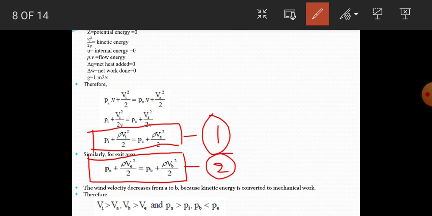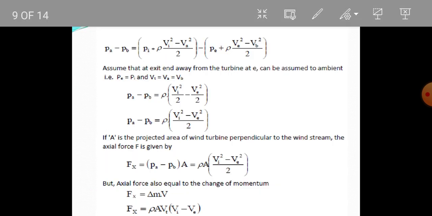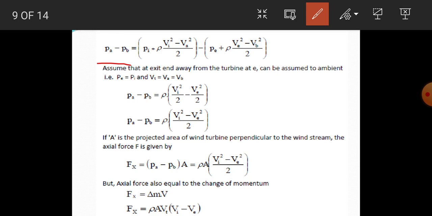So subtracting equation number 1 from number 2, and making PA minus PB the subject, what we will get is PA minus PB is equal to PI plus rho Vi square minus VA square by 2 minus PE plus rho VE square minus VB square by 2.